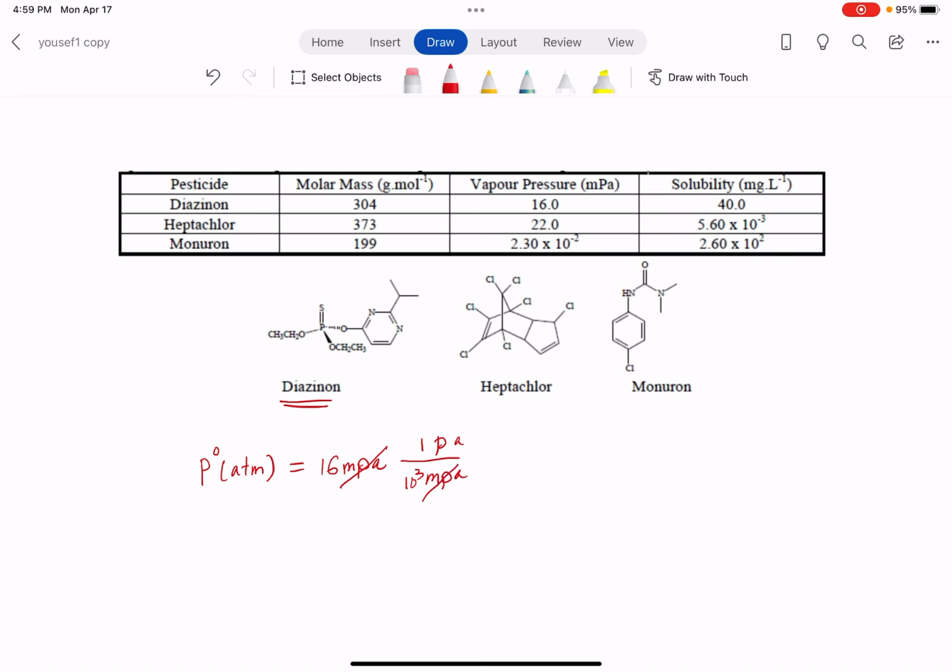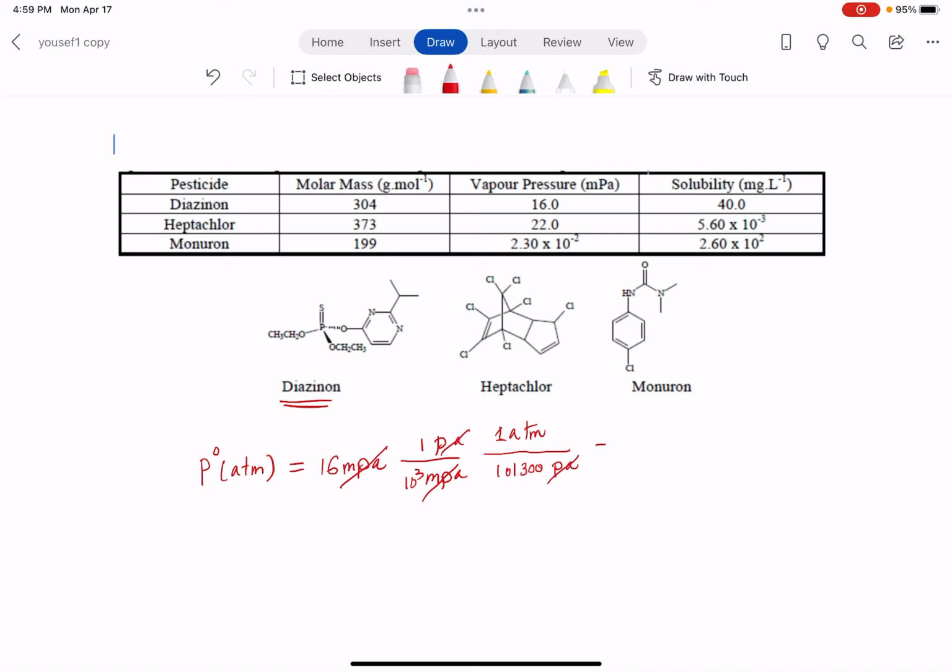Now if you want to convert pascal to atmospheric, you can see this in your notes or on Google. 1 atmosphere, which is our famous unit for pressure, is equivalent to 101,300 pascal.